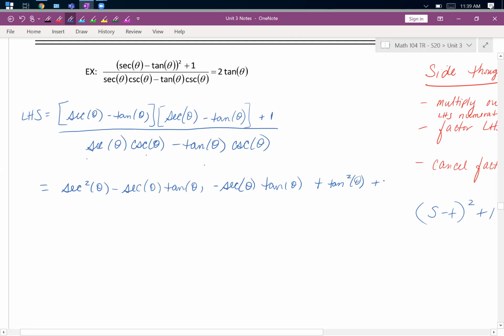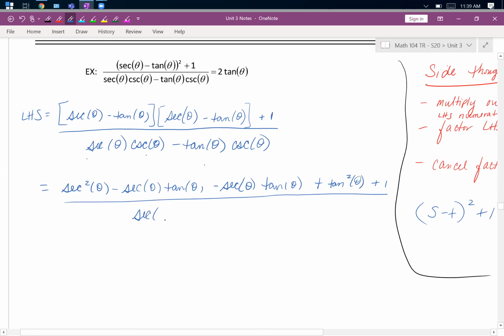And we still got that plus 1 tacked on the end, all over our denominator. And it's important that you don't shortcut it here when you're writing out this proof. Yes, it's tedious to keep writing it, but that's what we need to do.